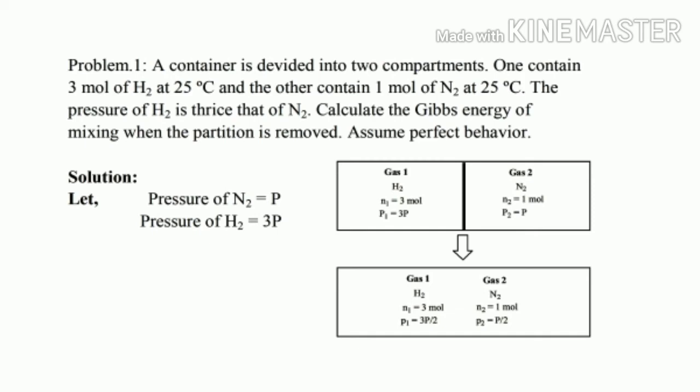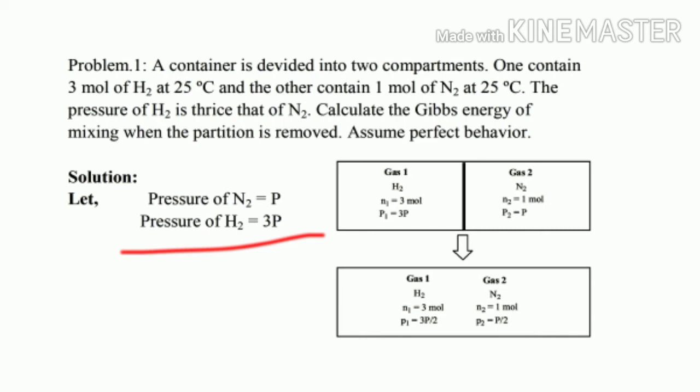Let us assume that we have taken the two gases in two containers separated by a partition, where N1 is the number of moles of hydrogen, which is equal to 3, and N2 is the number of moles of nitrogen, equal to 1 mole.